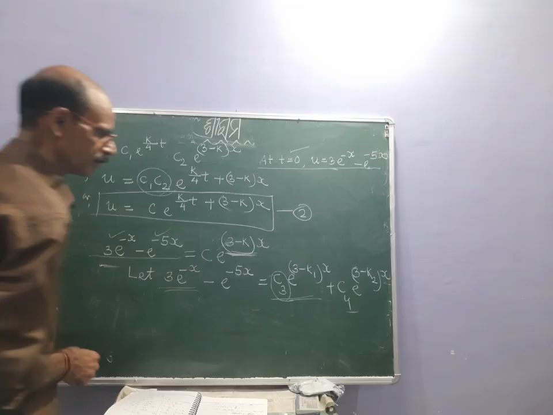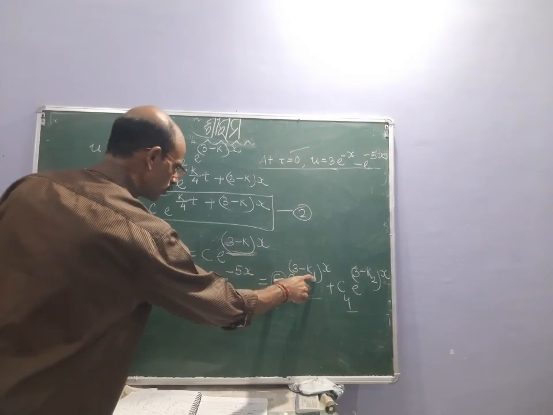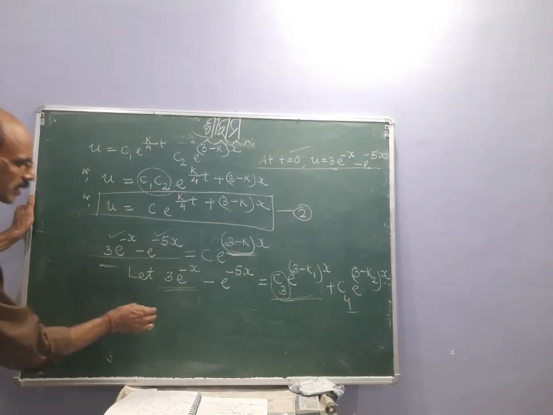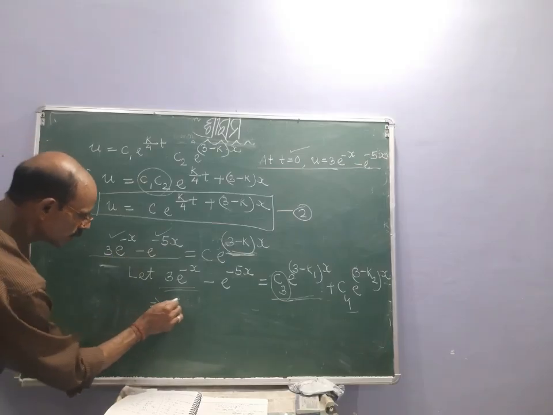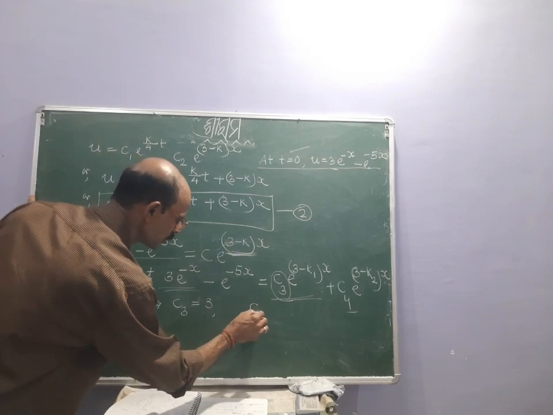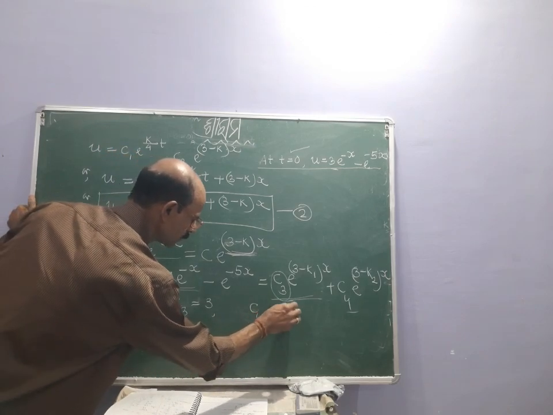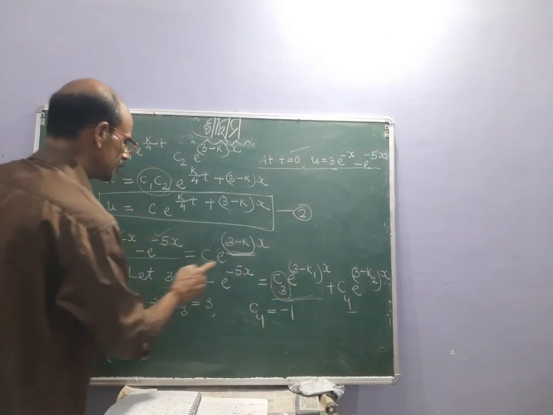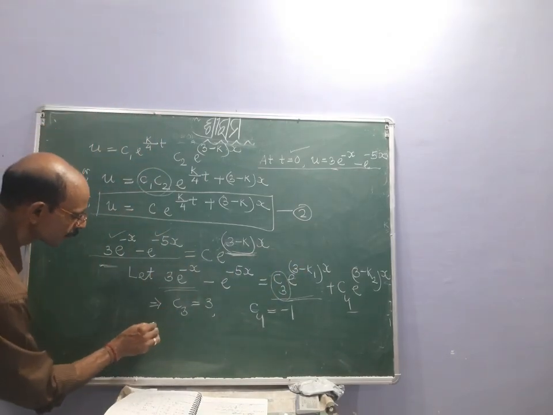Compare both sides. This is equal to this and this is equal to this. Comparing both sides, we have c3 is equal to 3 and c4 is equal to minus 1, and here 3 minus k1 is equal to minus 1.